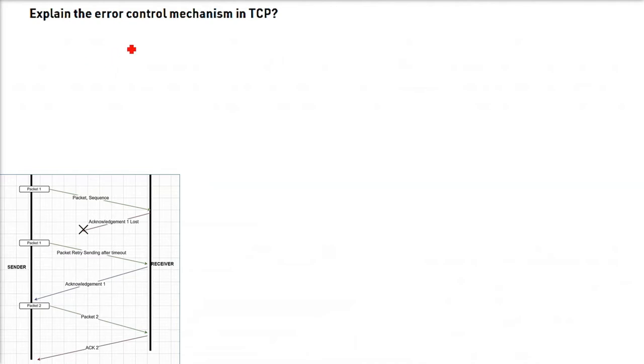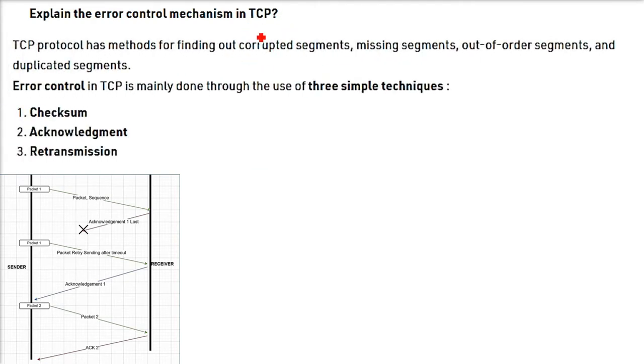Explain the error control mechanism in TCP. So TCP is a reliable protocol. It is an end-to-end delivery protocol. It is a transport layer protocol. End-to-end delivery and reliability can only be achieved when you have proper error control. When you are sending a packet, and if there is a problem, there has to be some way to retransmit.